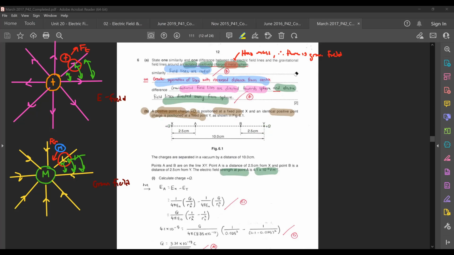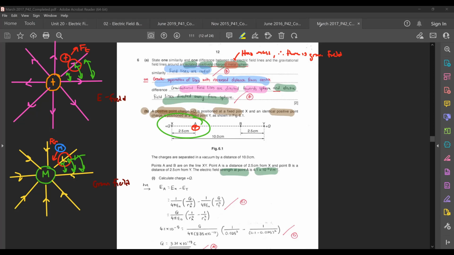So if I want to find out the magnitude here, just like I mentioned to you, you always try to place a positive test charge to test the field at that point. So if you consider the effects due to charge X, what do you suppose is the direction of your electric field due to charge X?